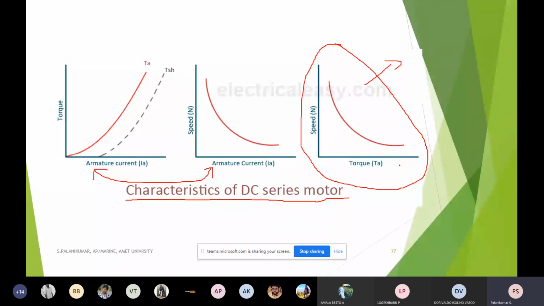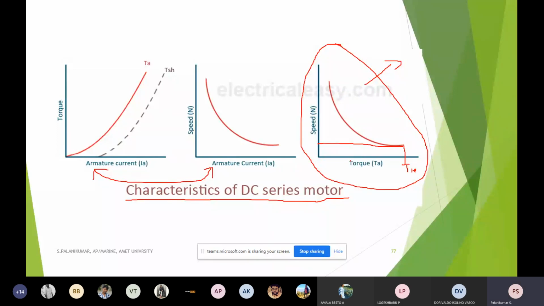But initially, this is the important characteristic that tells whether the motor is suitable or not for electric vehicle applications. You have to understand the mechanical characteristic in such a way that it is capable of producing very high torque at some considerable amount of speed.